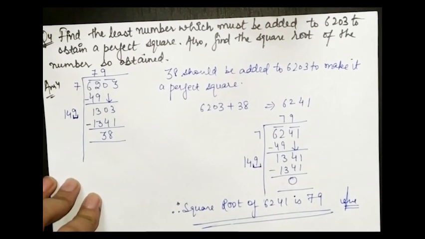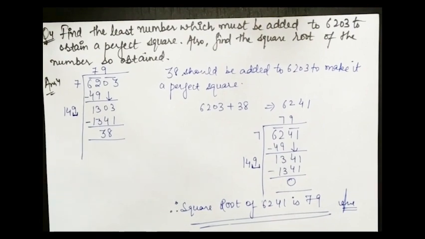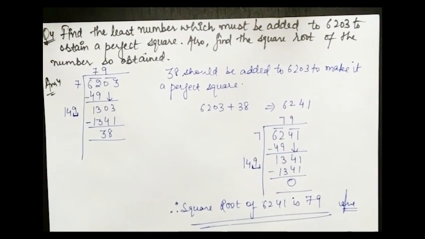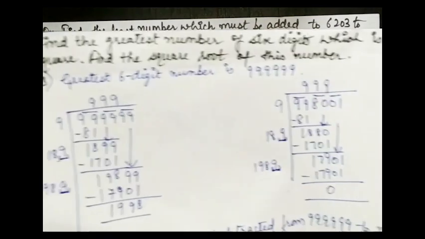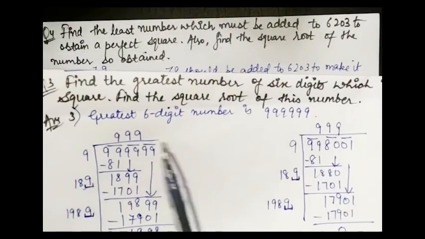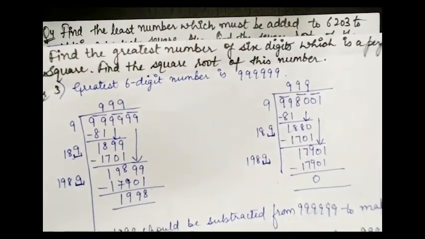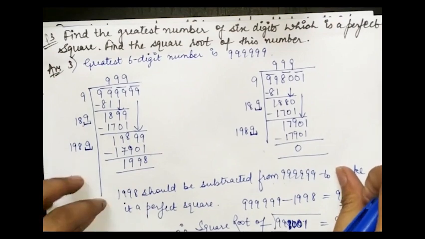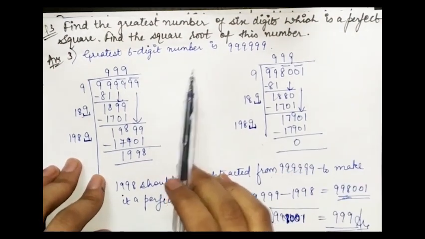Similarly, the next question is saying the opposite of this question. Here we had to find the greatest number of 6 digits which is a perfect square, and find the square root of this number.